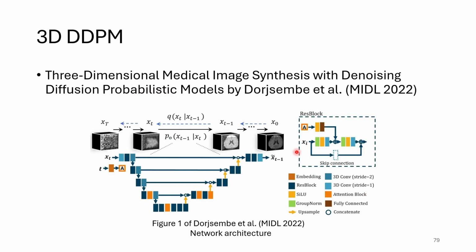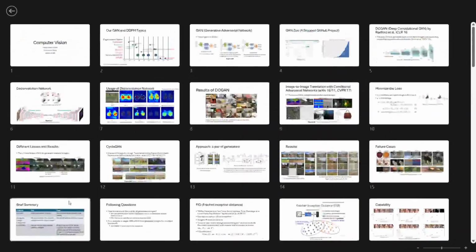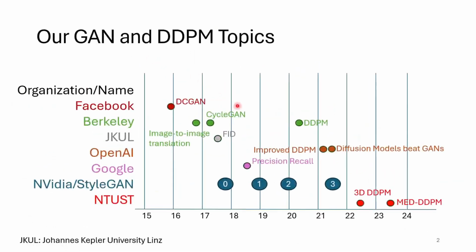So our final target is the MED DDPM, but let's take a look again. 3D DDPM is the previous work of MED DDPM. It was published 1 year earlier. And let me talk about something.